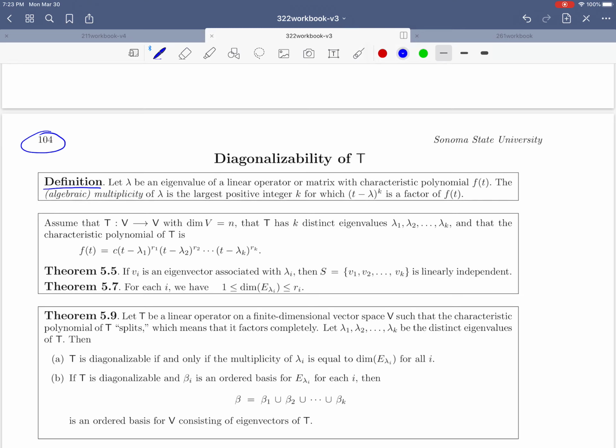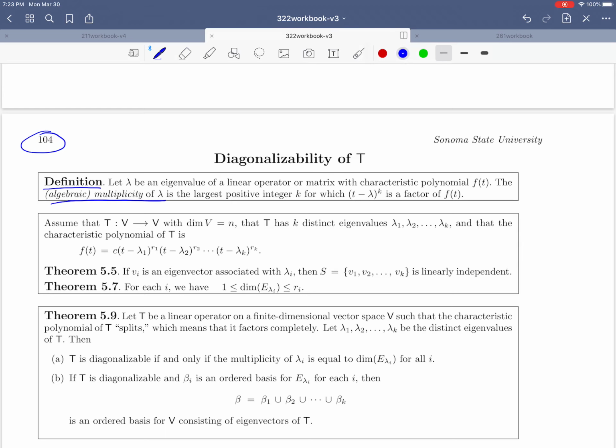This relates to eigenvalues of a linear operator, and it's called the multiplicity of an eigenvalue. Basically, what multiplicity means is it's the number of times that eigenvalue appears in your characteristic polynomial.